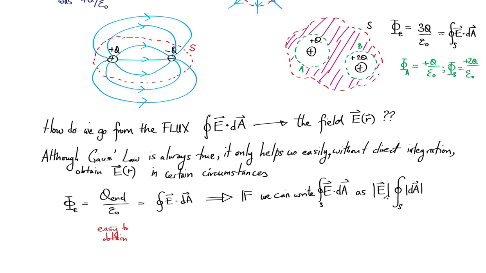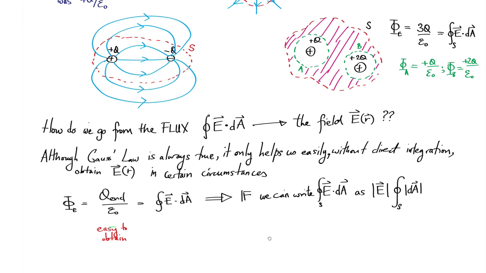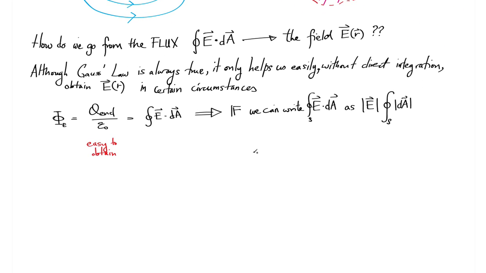It's only in certain circumstances, and the circumstances are as follows. So, first of all, we want basically a situation where this is true. We get that if the electric field is perpendicular or parallel everywhere on the surface. So you remember, this is a dot product here, right?